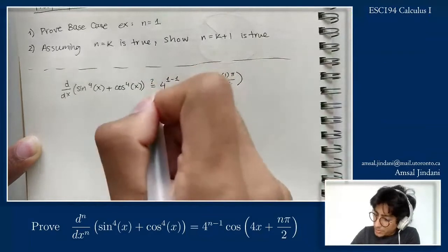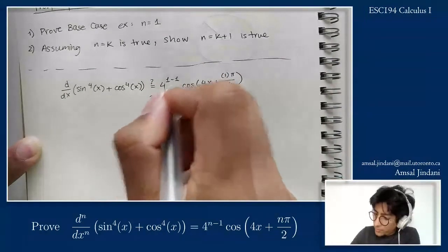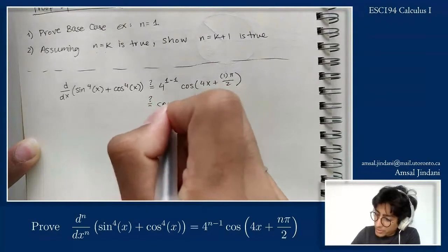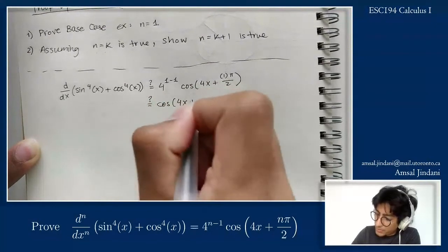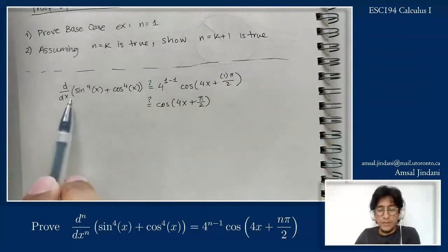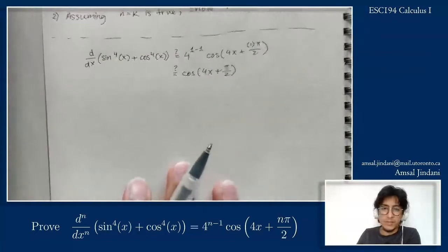And I'm not sure about this yet. So 4 to the power 1 minus 1 is just 4 to the 0, which is 1. And then I get cosine 4x plus pi over 2. All right, let's try differentiating the left-hand side here.